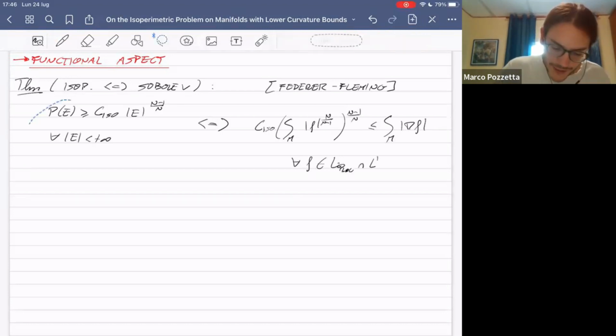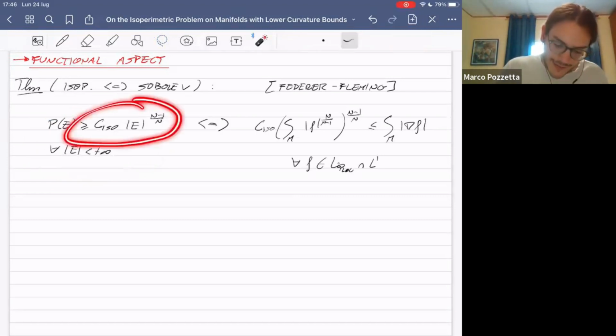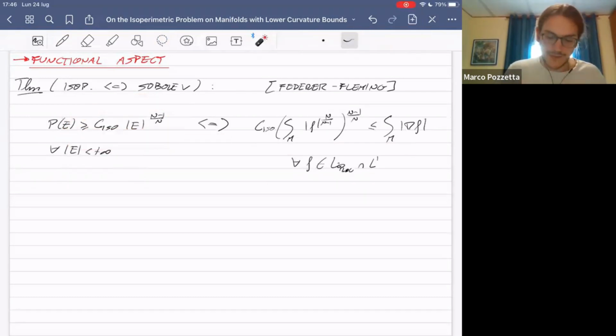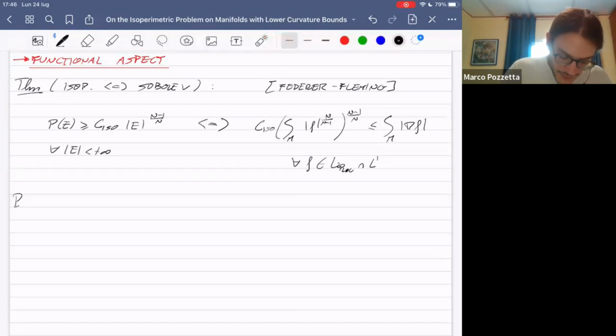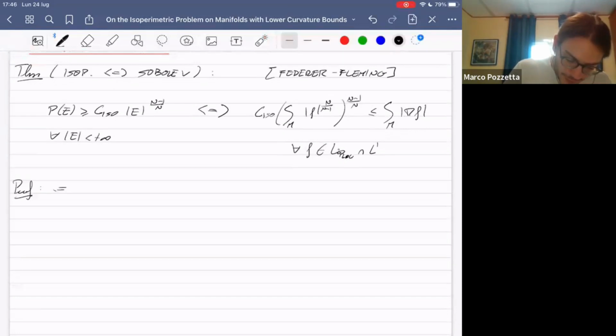So the moral of this statement is that a Euclidean type isoperimetric inequality is equivalent to the validity of the Sobolev embeddings, and again, this is very easy to prove. Why? Because the arrow from right to left is just by definition.